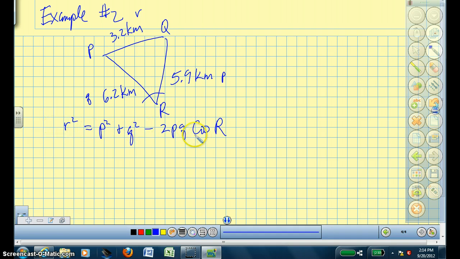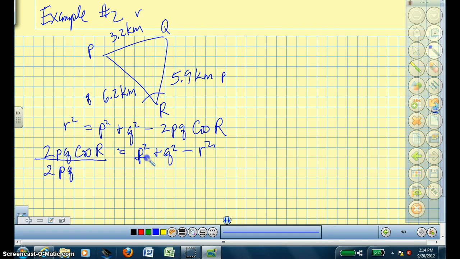So I'm going to rearrange this so that it's 2pq times the cos of r, because we want to find angle r eventually, is equal to p squared plus q squared minus r squared. Now, in order to get cos r all by itself, I'm going to divide both sides by 2pq.